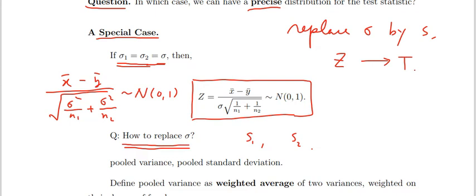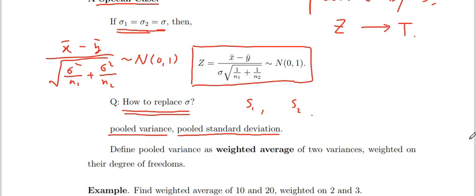To solve this problem, we introduce the notion of pooled variance or pooled standard deviation. What does pooled mean? It means put together, right? We have two variances, S1 square and S2 square.